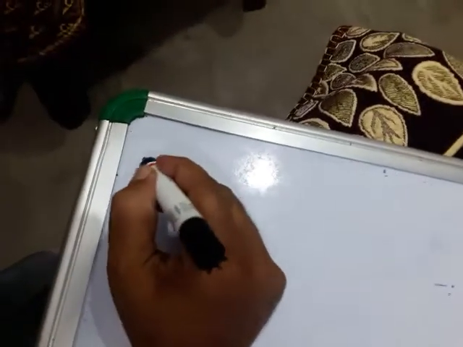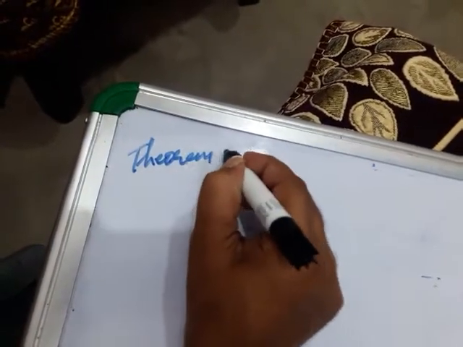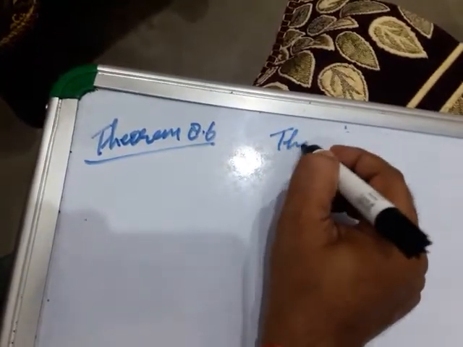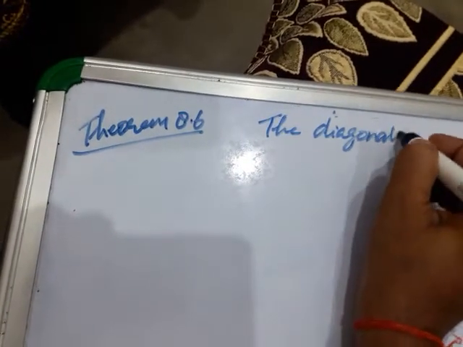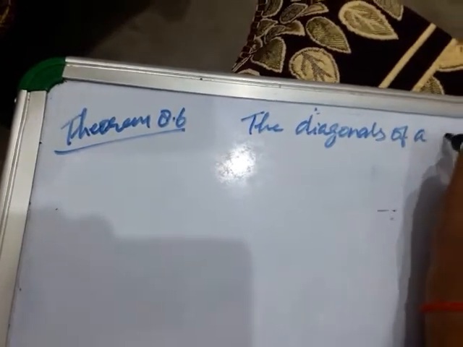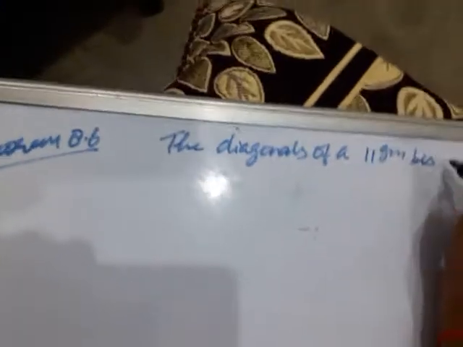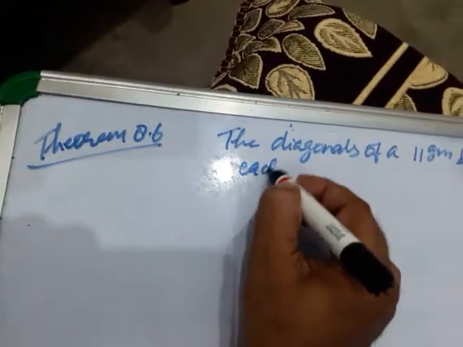Let us start. Theorem 8.6. The diagonals of a parallelogram bisect each other.